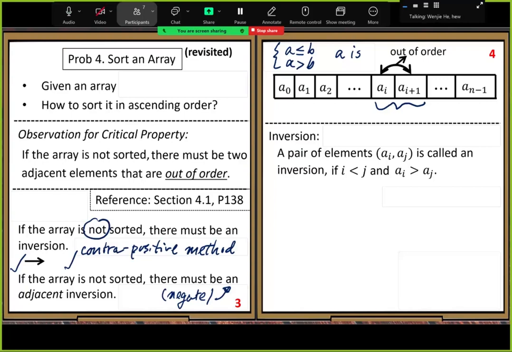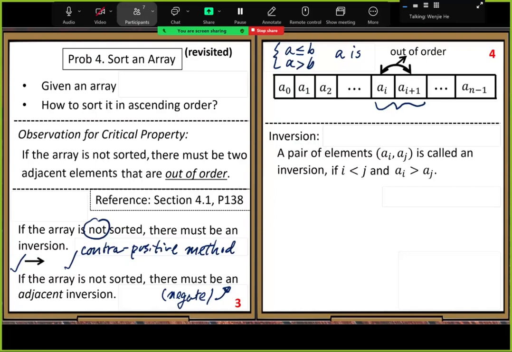If it's ordered, then your original hypothesis is wrong, right? The original hypothesis is wrong, so you cannot get the wrong conclusion, right? So your hypothesis is wrong, that means your negation is wrong, so the original conclusion is correct. That's the contrapositive method.